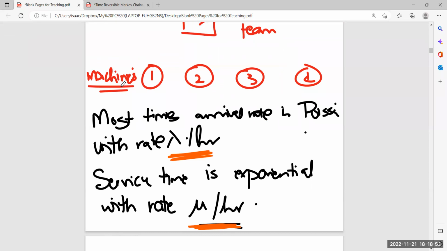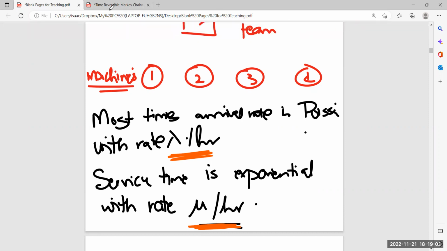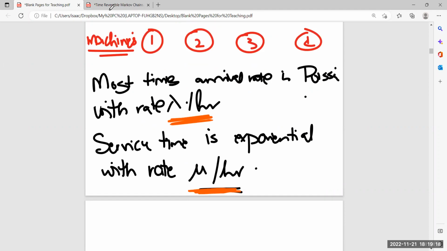So in this case, we are going to assume that arrivals occur at rate lambda, and the service time is exponential with rate mu. So people are coming in at the rate lambda, and they are being served at rate mu, right?